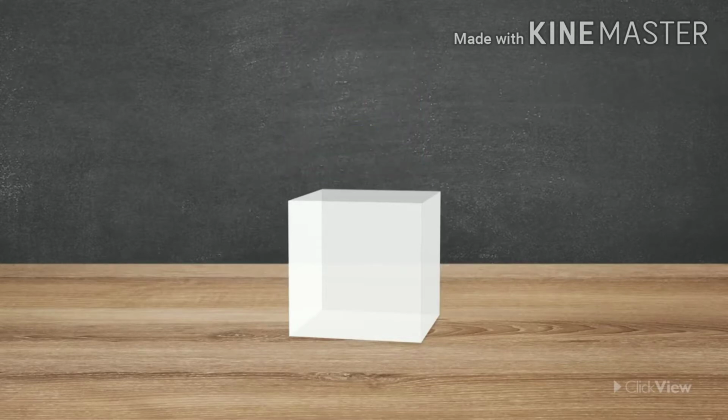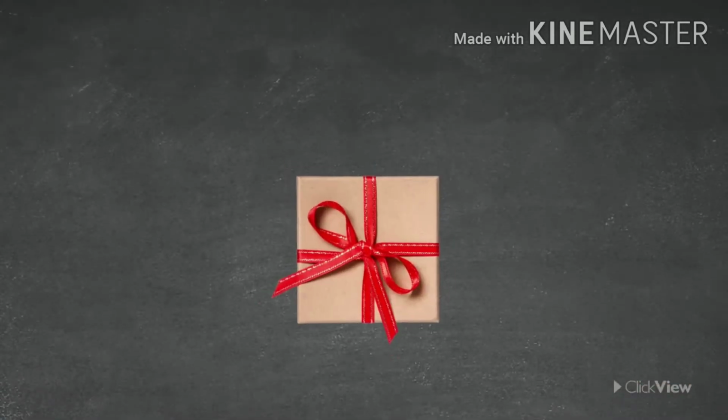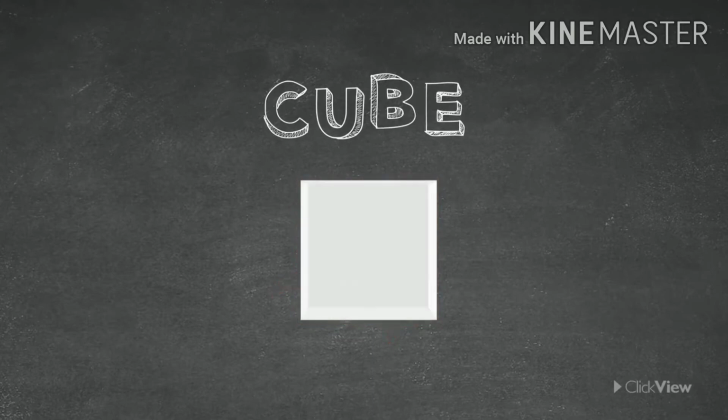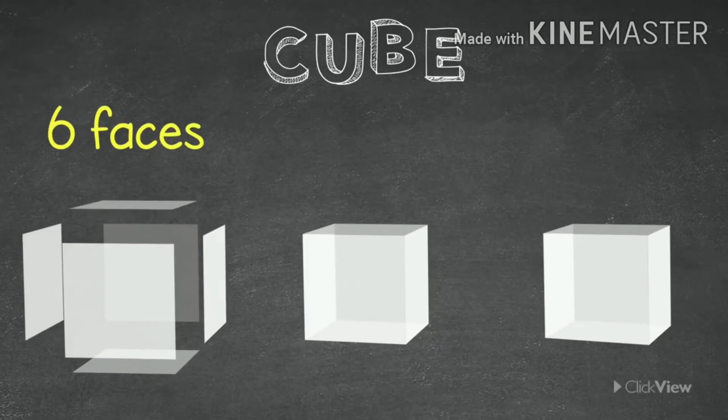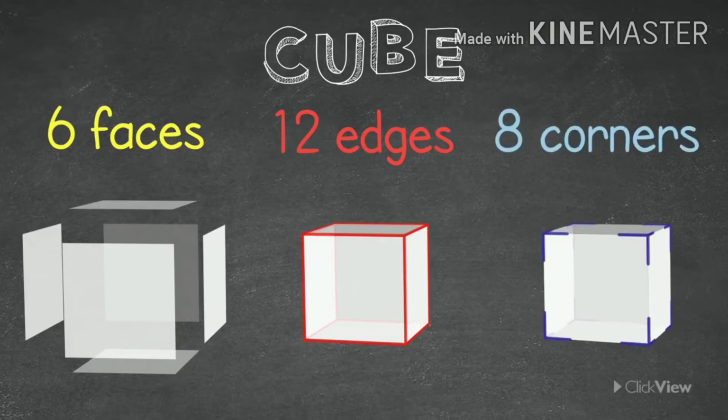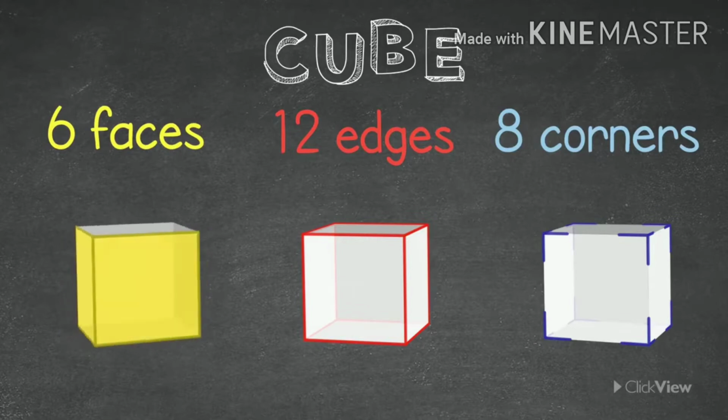Here are some three-dimensional shapes and their features. This shape is a cube. A cube has 6 faces that are identical, 12 edges, and 8 corners. All of the faces, edges, and corners are the same size and length. Can you see how each face of the cube is a square?